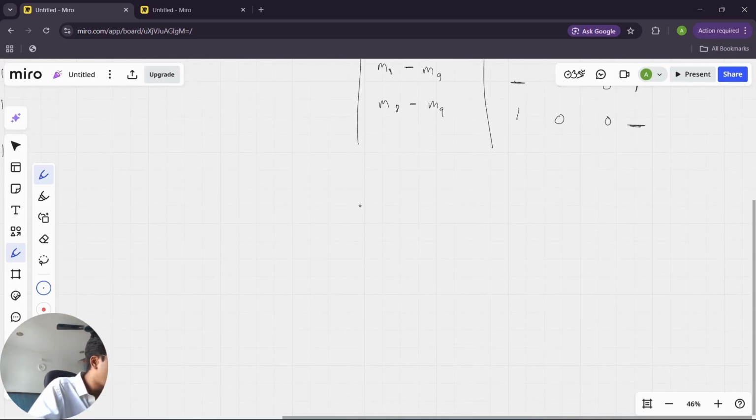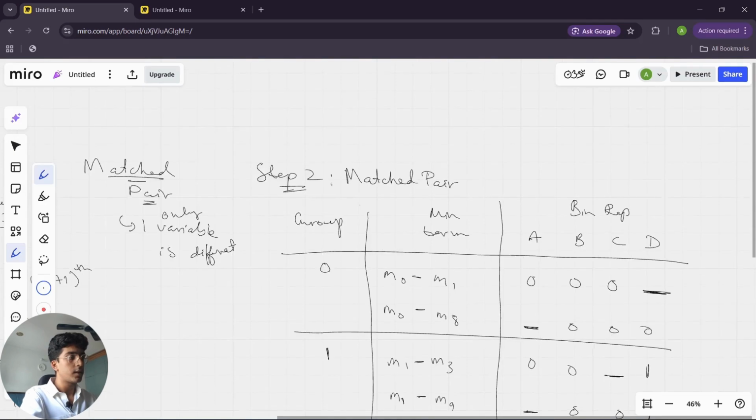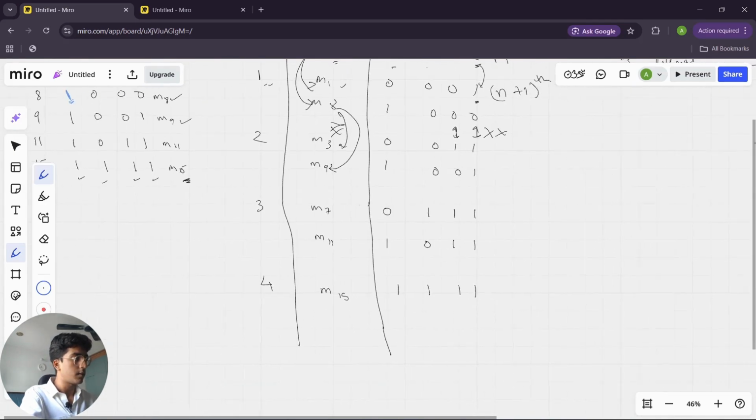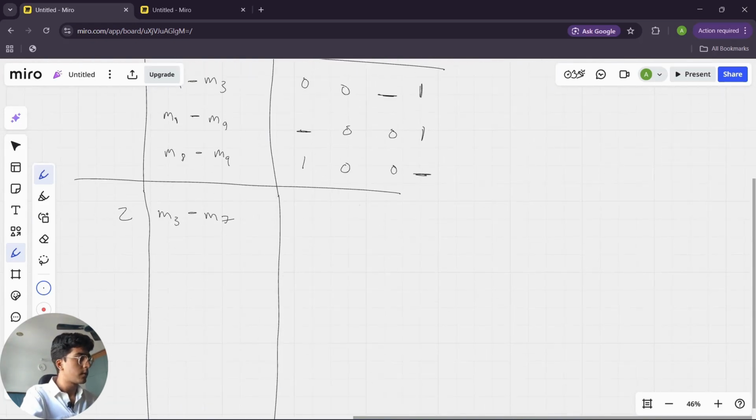Bismillah, straight line. Yes. Group 2, let's compare M3 with M7. Yeah, same hai. These are different, but these are the same. So M3 and M7 are a matched pair. M3, M7: we have 0, a dash, and 1 and 1.